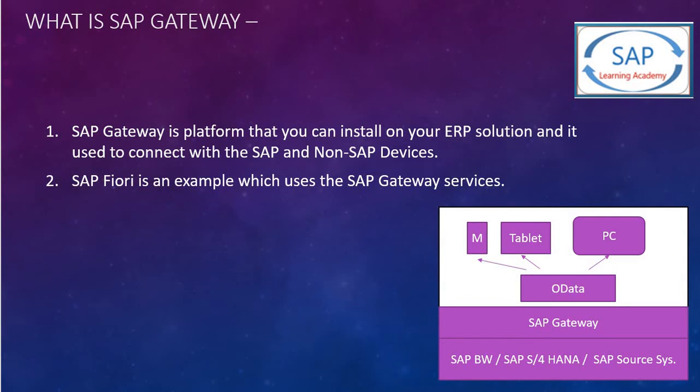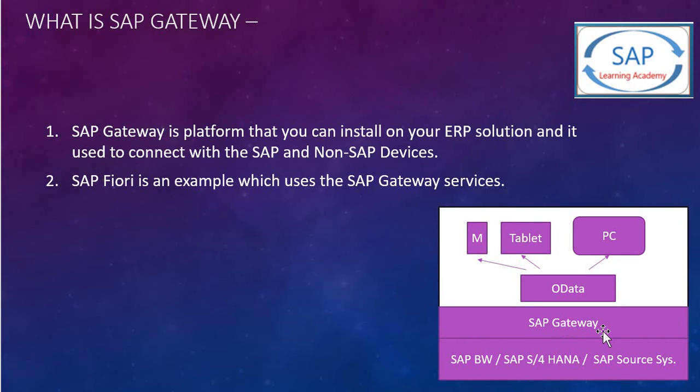SAP Gateway is a platform that you can install on your ERP solution, and it is used to connect with SAP and non-SAP devices. Like here you can see in the picture below that we have the SAP BW, SAP S/4HANA or any SAP source system in the base.